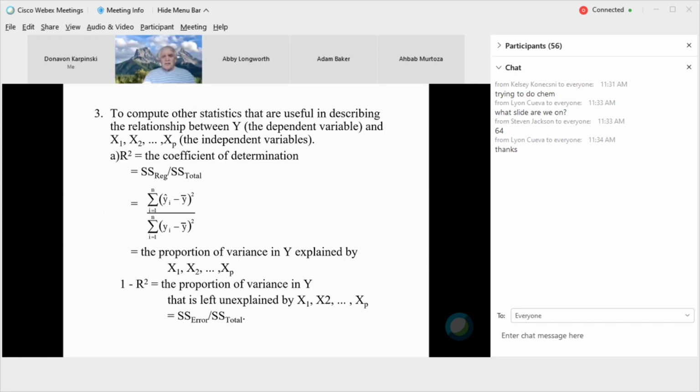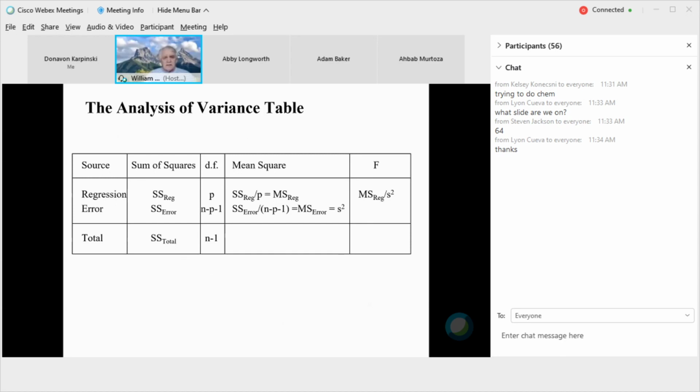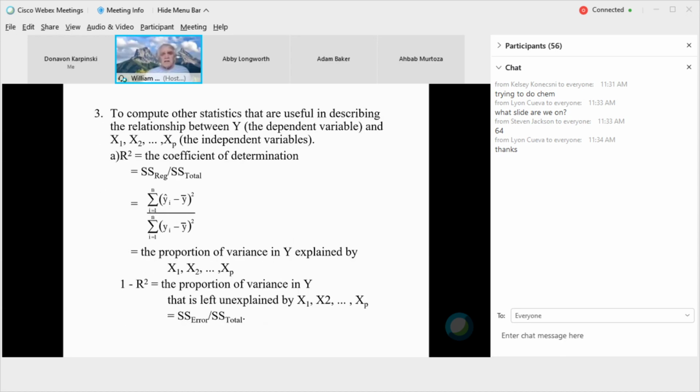You can also use this to compute some important statistics. The sum of squares for regression over the sum of squares total is the coefficient of determination. It's the proportion of variance in y that's explained by x1, x2 up to xp.